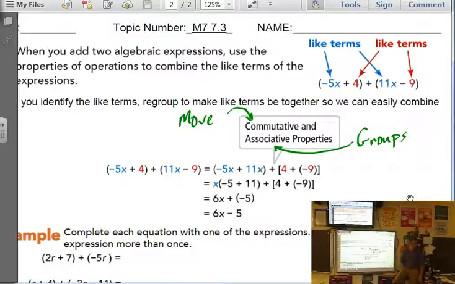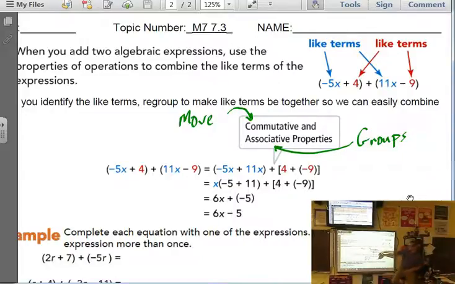So we are going to move things around and regroup them. This is where it's really important. The sign in front of the term stays with it. So this 9 is a negative 9 or a minus 9 no matter where I move it.